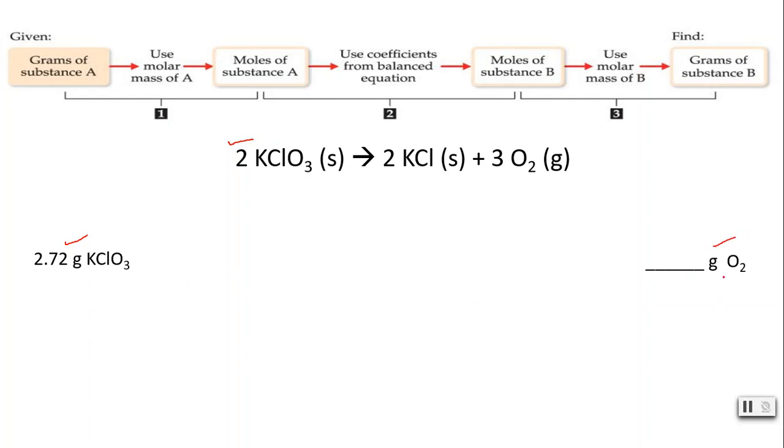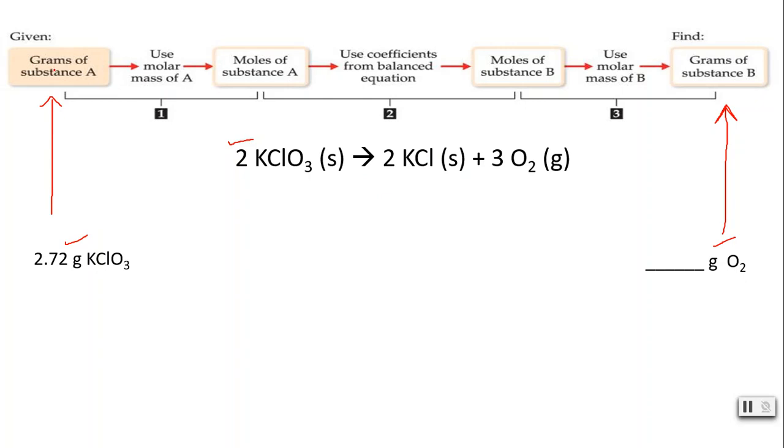In this case, we're looking for grams of oxygen. So we have grams of one substance, in this case KClO3. I need to get to grams of something else. And to do that, I'm going to use this flowchart, along with information from the balanced chemical equation.